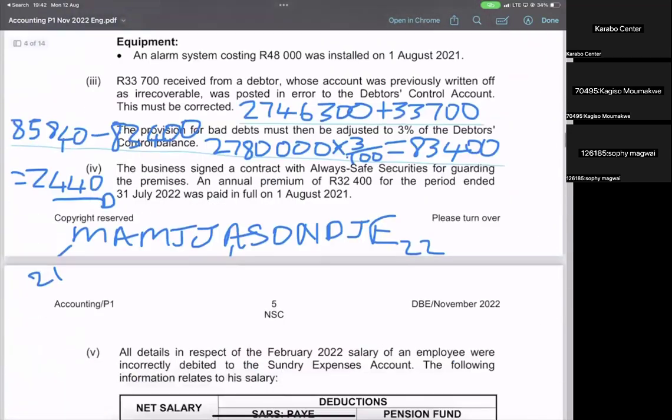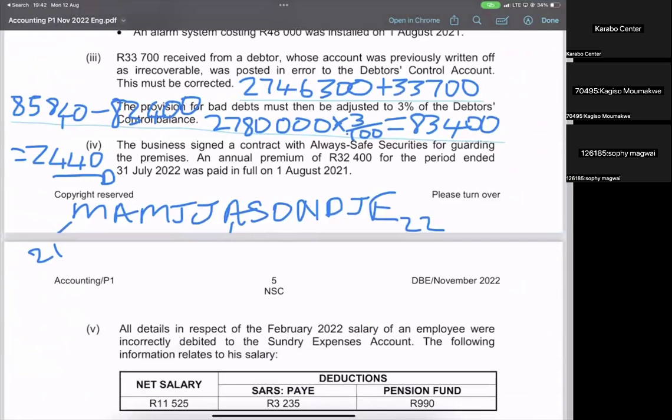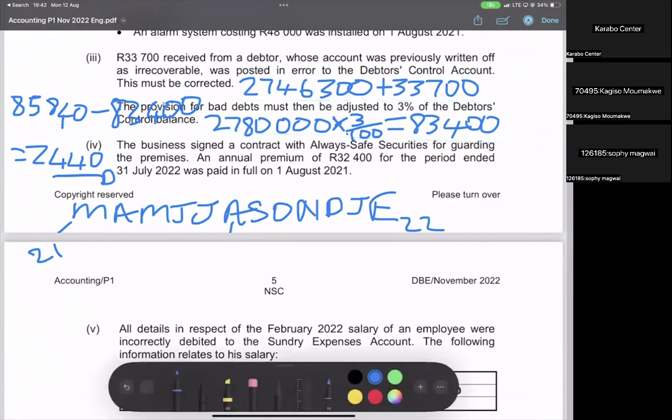So we have to account from August, September, October, November, December, January, February, and all the months that are left we have to exclude. They said it's an annual premium. Annual means 12, so we have to say 32,400 divided by 12. We're doing this to find our monthly premium.